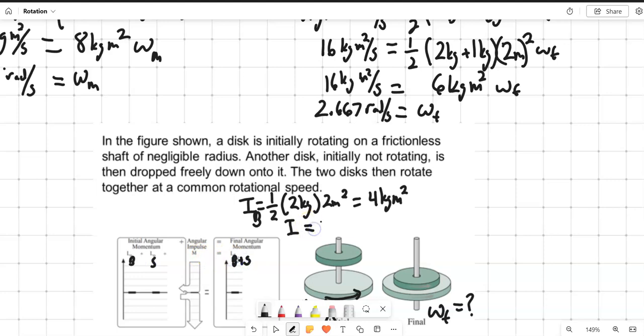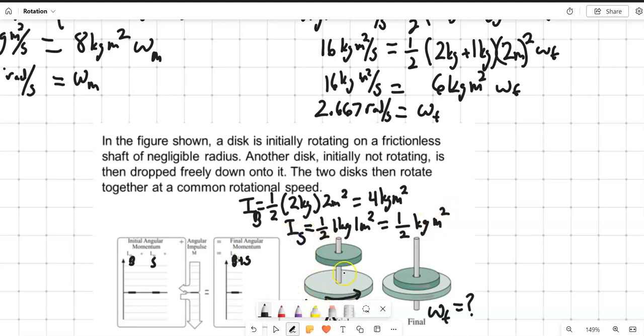Let's say that small disk has half the mass and half the radius. So this is going to be 1/2 times 1 times 1, so this is going to be 1/2 kilogram meter squared. Okay, and this is the small disk.